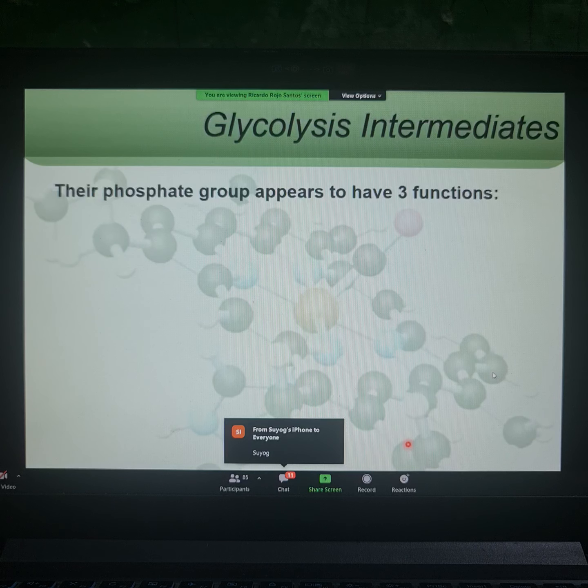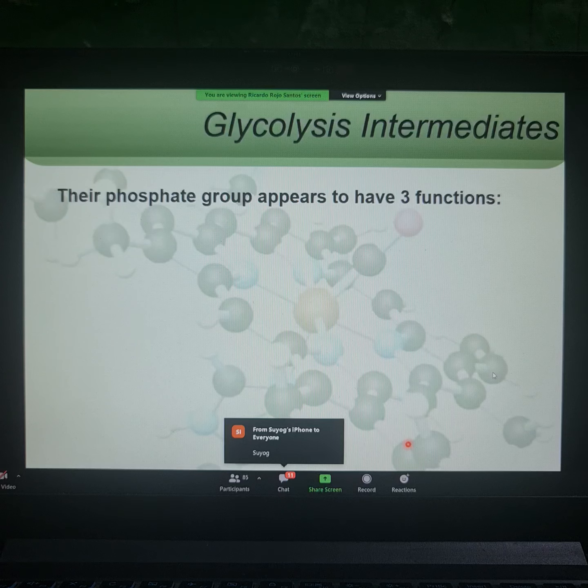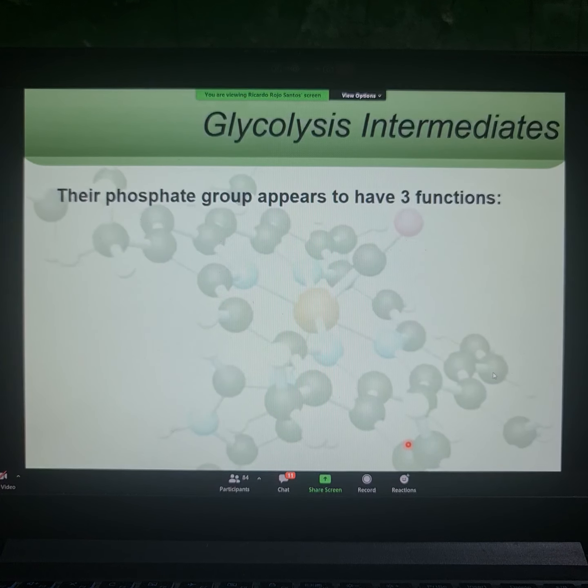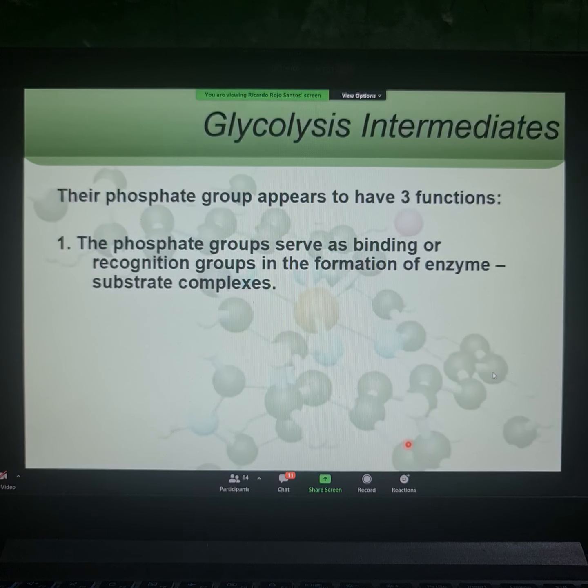So all other intermediates, therefore, are phosphorylated. Now, what are the functions of the phosphate group in the structure of the intermediate metabolites of glycolysis?